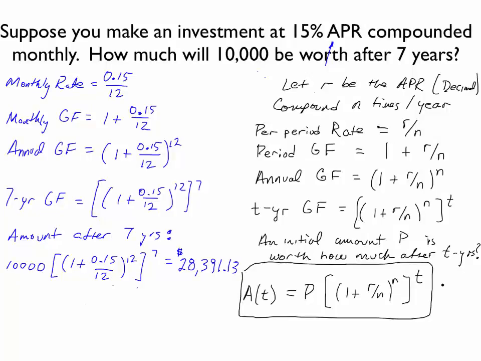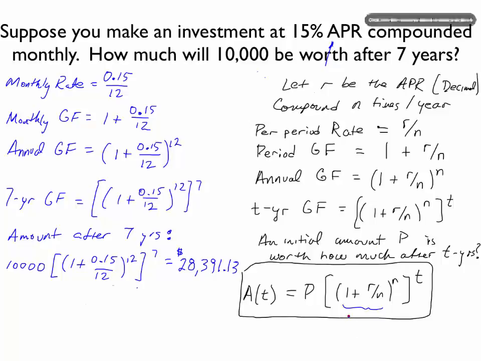Some of you may have seen this before, but I would bet you haven't seen it in this way, that it's all about growth factors. Do you see this? 1 plus r over n, what is the meaning of that? That is the period growth factor. Whether that's 1 month or 1 quarter or 1 day, it's whatever period we're compounding, that's the growth factor, the multiplier for that period. Okay?